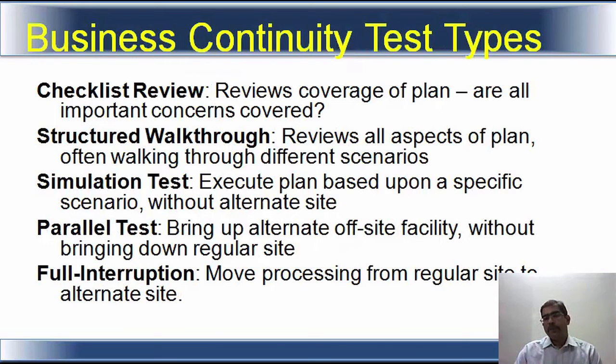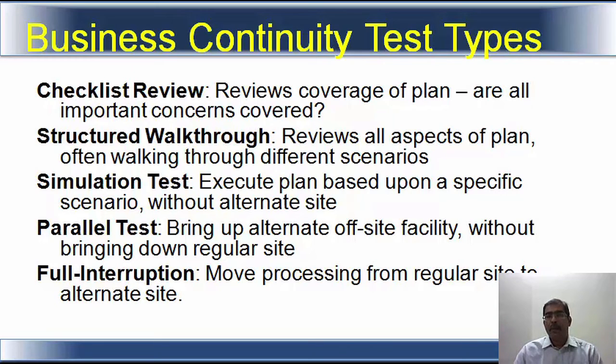What are the types of business continuity tests? One is a checklist review. It reviews the coverage of the plan. Are all important concerns covered? That's what basically the checklist will cover. A structured walkthrough reviews all aspects of the plan, often walking through different scenarios.